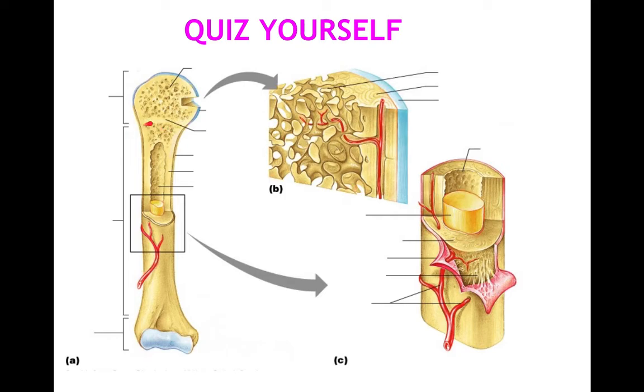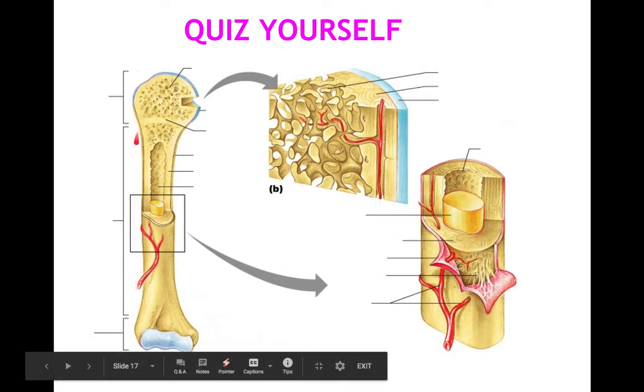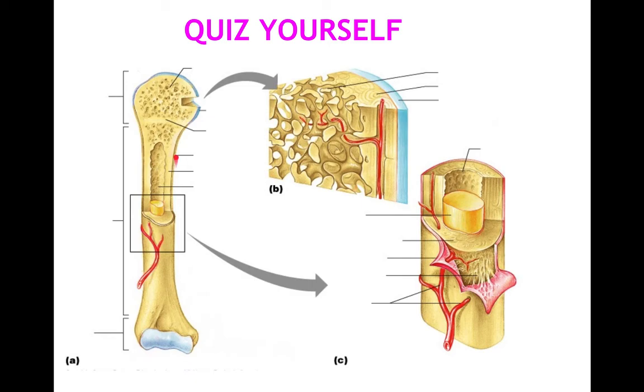And it meets the shaft, or the diaphysis, at what is called the epiphyseal plate in younger kids and an epiphyseal line in adults. Here you have the diaphysis, and the diaphysis is made mostly of compact bone, and it's covered in the periosteum. Inside is the medullary cavity, which is filled with bone marrow.